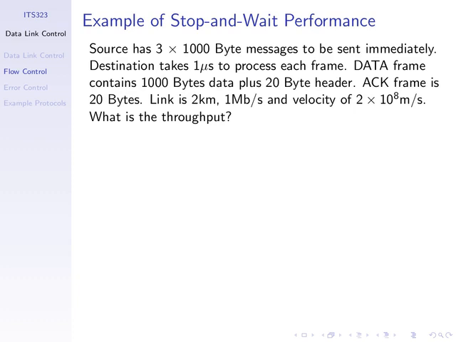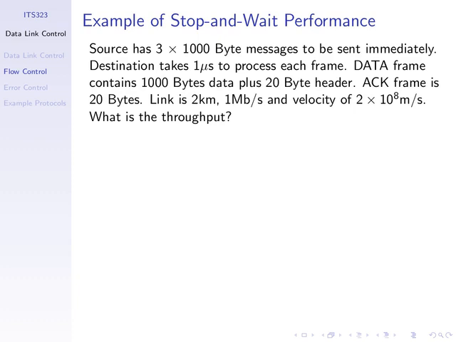If I wanted to draw it, there's the data and some header, HDR. In our example, there are 1,000 bytes of data, 20 bytes of header, giving us a total of 1,020 bytes to transmit. So the data frame is 1,020 bytes in length.